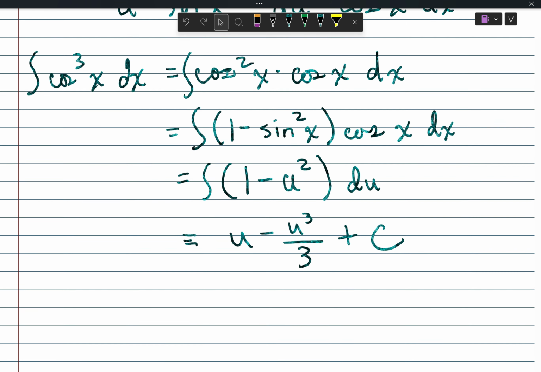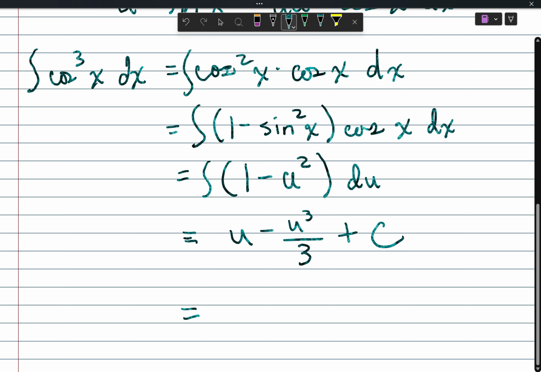Then we can back substitute. So u is sine x, minus 1/3 u cubed, which is 1/3 sine cubed x, plus c.